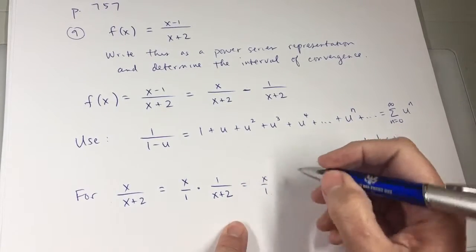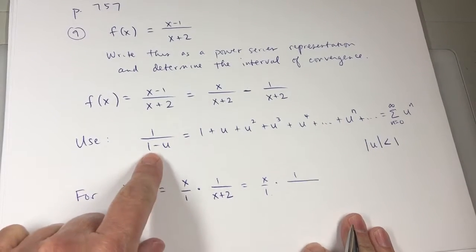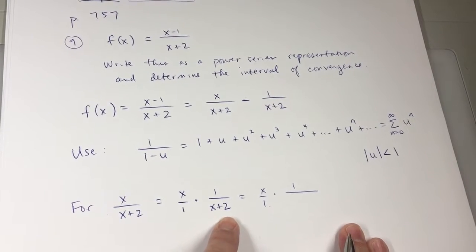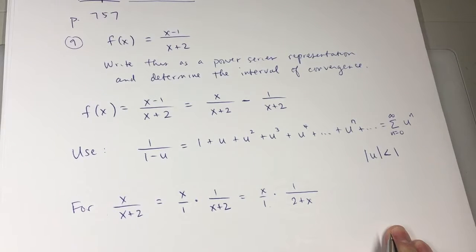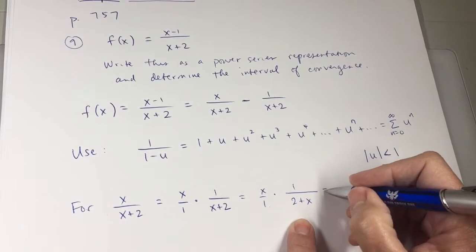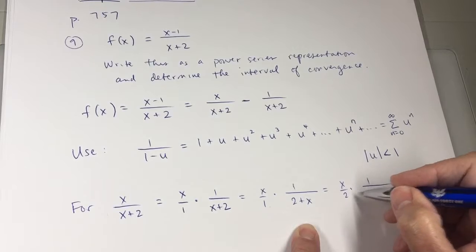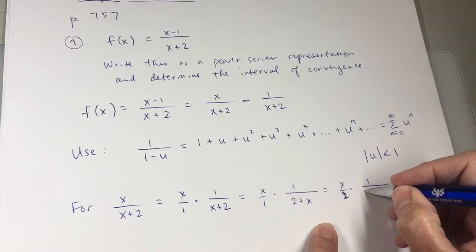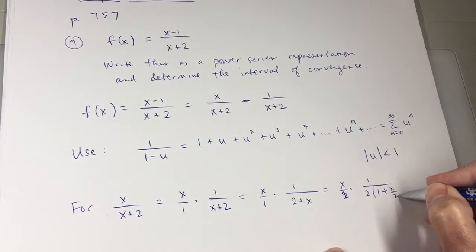This would be x over 1 times 1 over, and I want to get it to match this formula. I'm going to reverse this, use the commutative property, and write 2 plus x. So I need a 1 in the first spot. I can get that by factoring a 2 out of the denominator. So 2 factors out, and this becomes 1 plus x over 2.